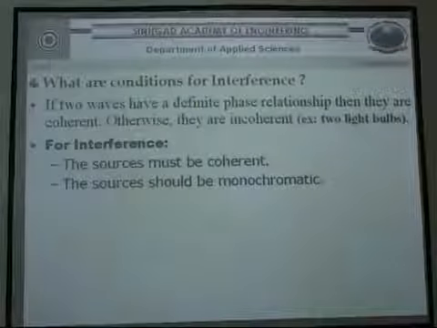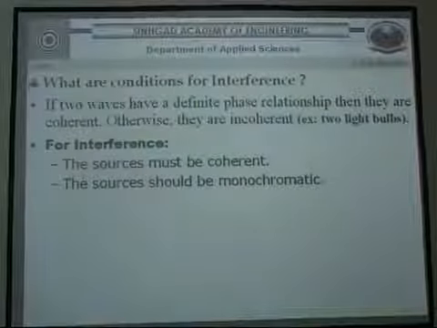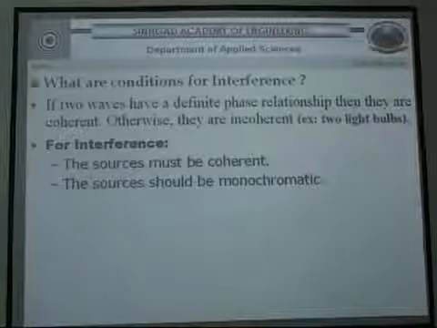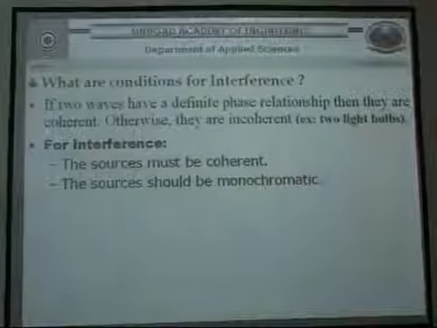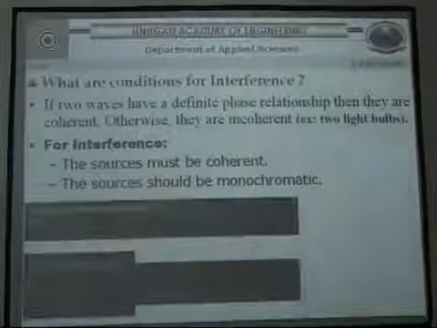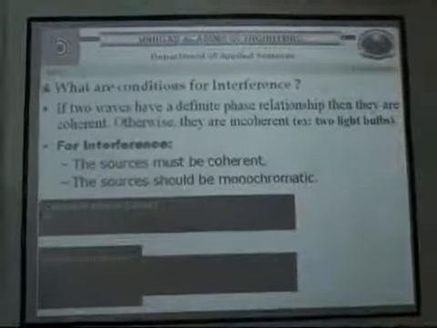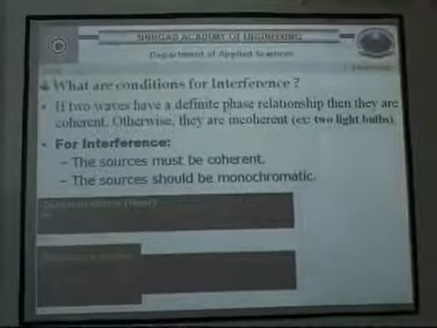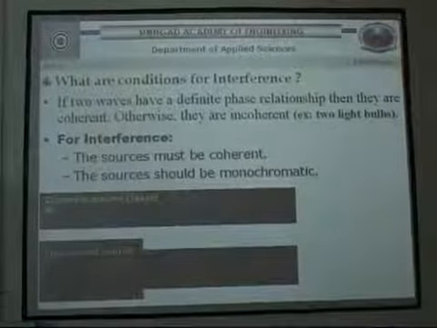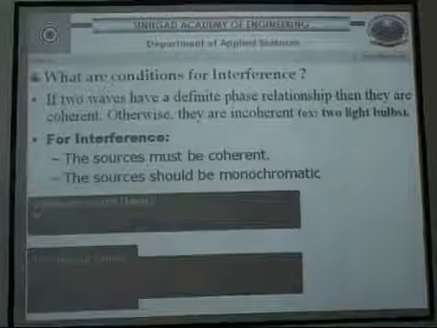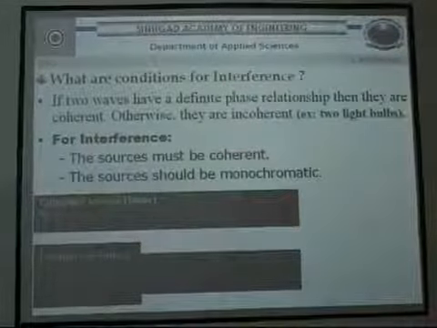And this is known as constructive, but there is a condition. Source must be coherent. You have studied this. Then what is meant by coherent and non-coherent source?